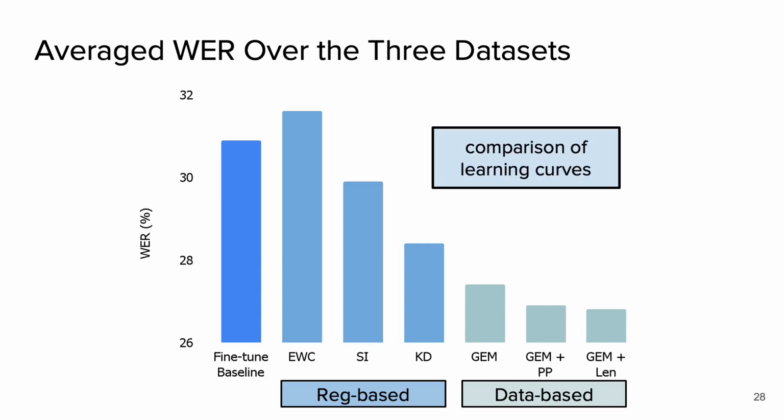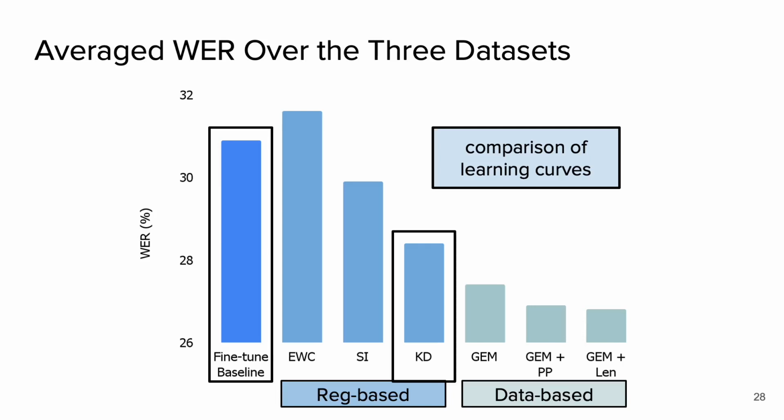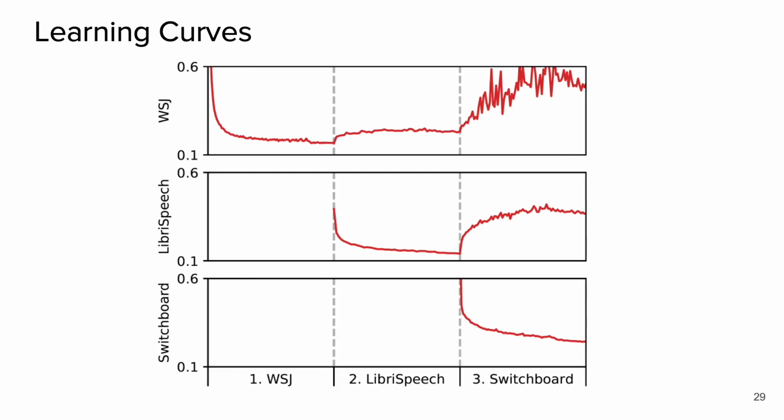Furthermore, we compared the learning curves of using different methods. We chose the fine-tuning baseline, the best regularization-based KD, and the best data-based GM with the proposed data selection. We now inspect the learning curves. The horizontal axis indicates normalized training steps, and the vertical axis shows the word error rates respectively on the three datasets.